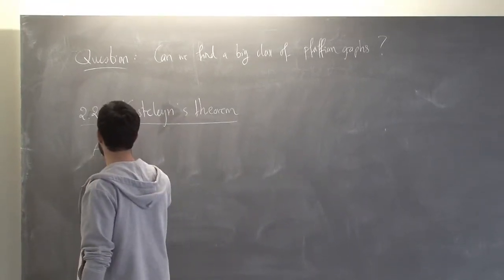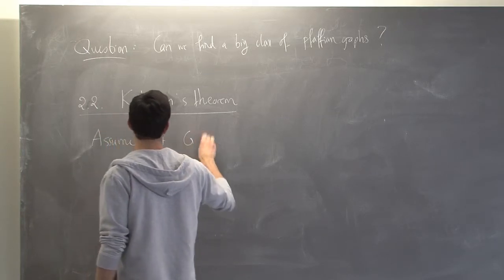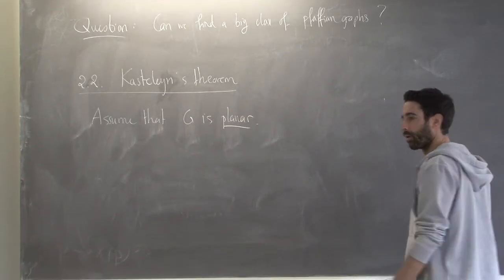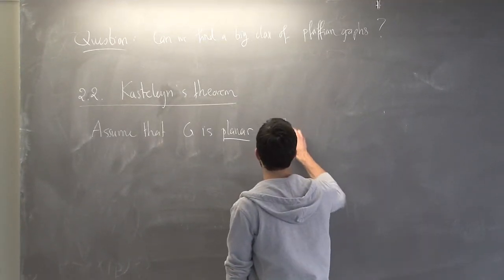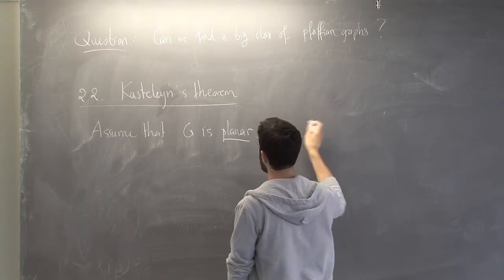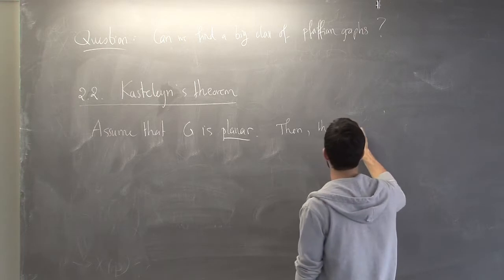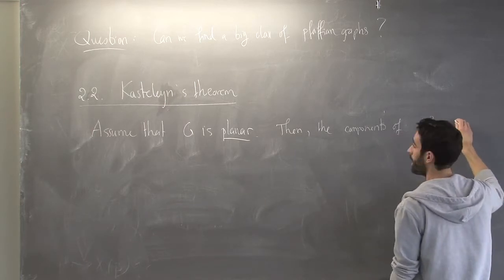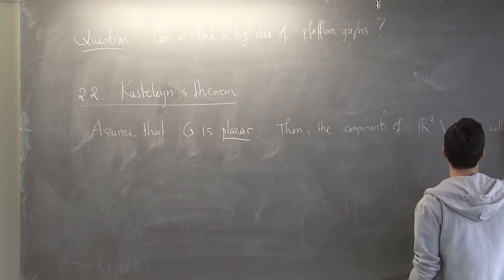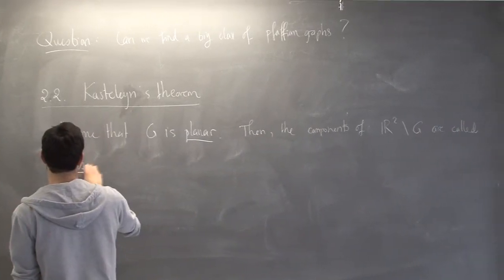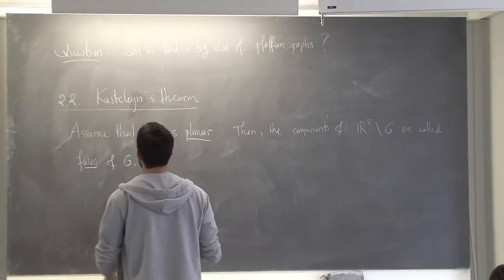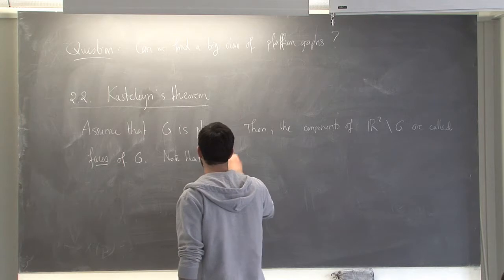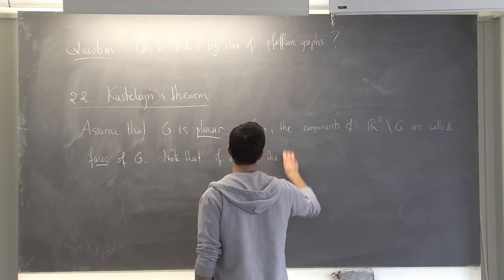So assume that G is planar. Now we have graphs that are embedded, no longer abstract graphs. Then, some terminology: the connected components of the plane minus the graph are called faces, faces of G. Note that if we orient the plane, we can give an orientation of the plane.